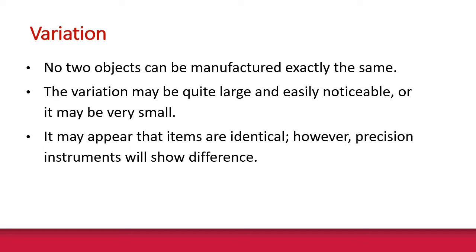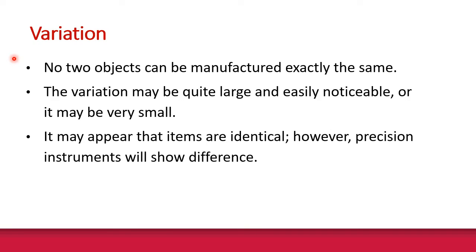So first of all, as mentioned in the last lectures, no two objects can be manufactured exactly the same. This serves not only for manufacturing processes, but any process at all. If you have a recipe for cookies, for example, each time you make cookies, they're not going to be exactly the same, because some of the ingredients may be slightly different, the temperatures may be slightly different, the quality of the flour, et cetera.